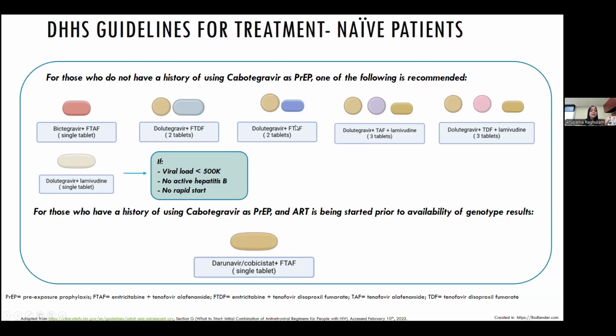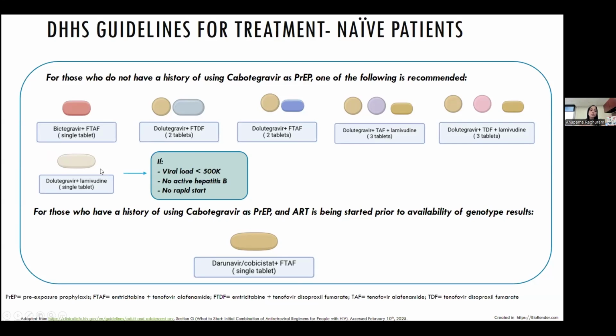So if you know that, you know all the other regimens that are listed here, okay? Now you also notice that the number of pills starts to go up, right, depending on the combination.